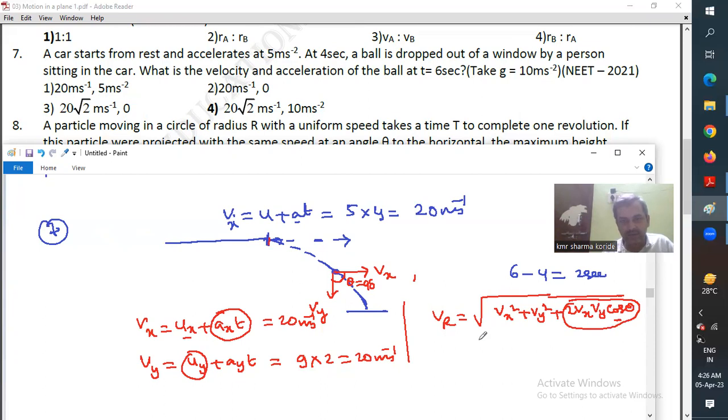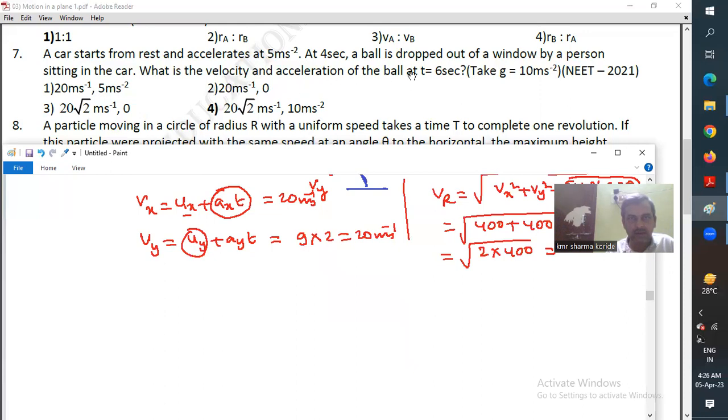Vx is 20, that is 400, Vy is also 20, that is 400. Root of 800, otherwise you can make it as 2 into 400, so root 400 times root 2. Root 400 is 20, so 20 root 2 meters per second is the velocity after 2 seconds.